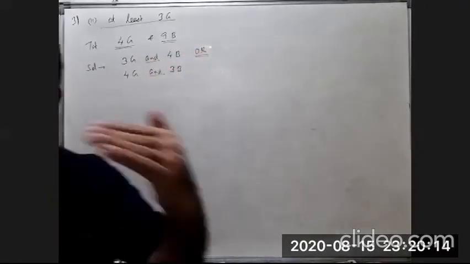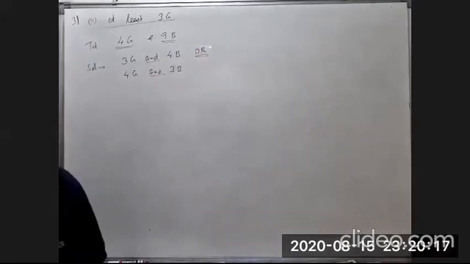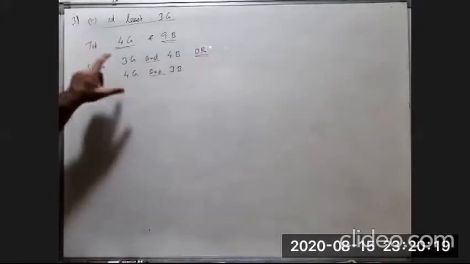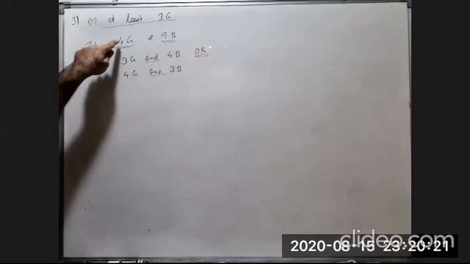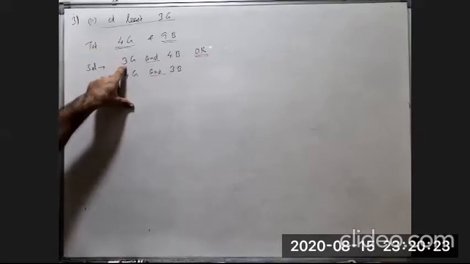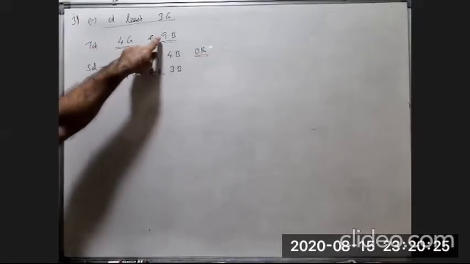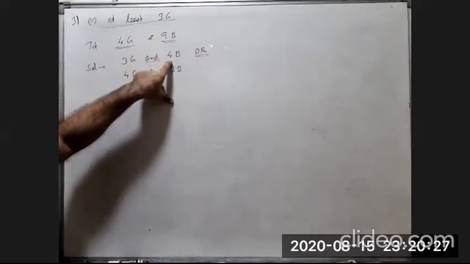Now see this one. And is here, or is here. The total selection process is from 4 girls, 3 girls are selected, and from 9 boys, 4 boys are selected.